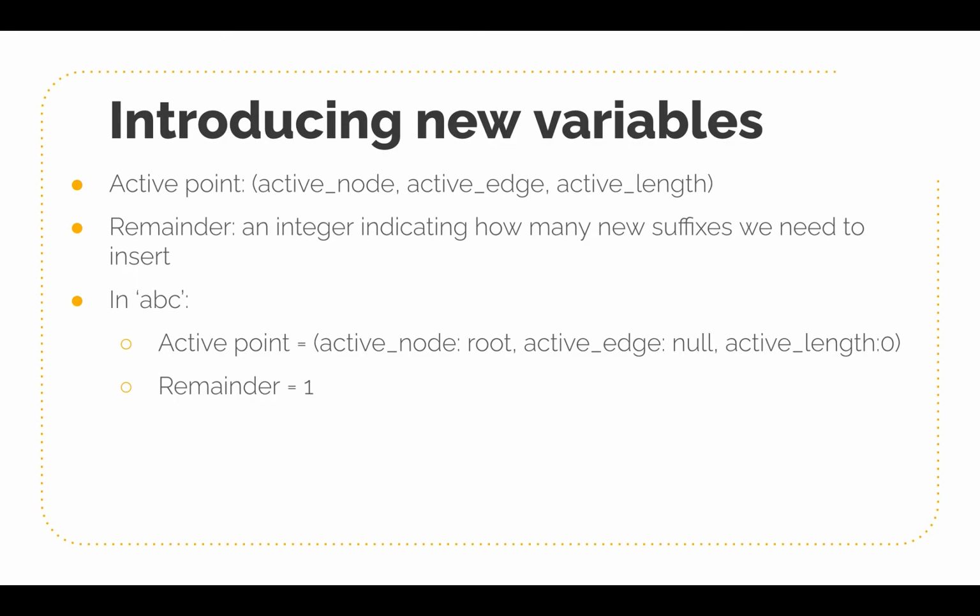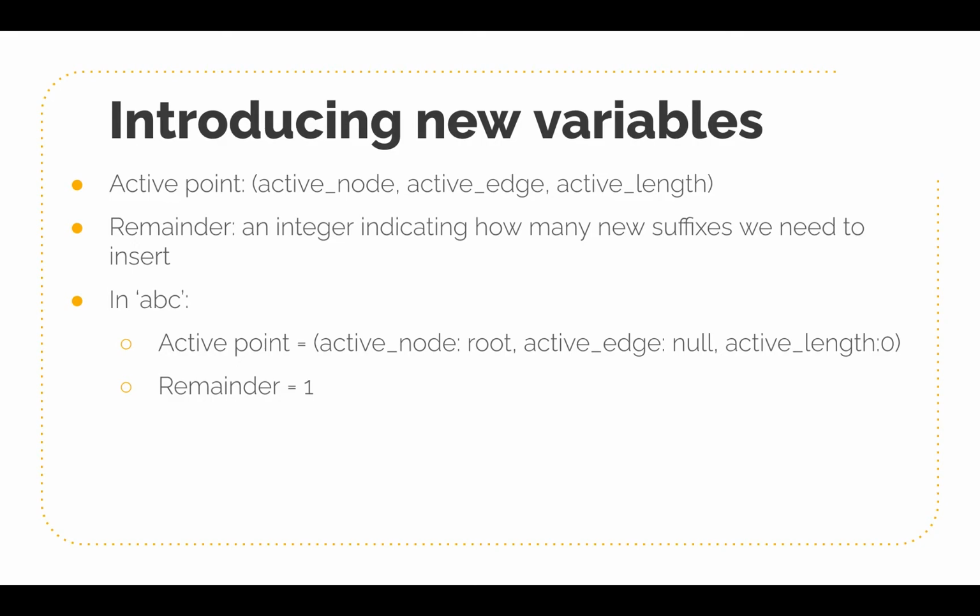The exact meaning of these two will become clear soon, but for now we'll just say, in the simple ABC example, the active point was always root, null, and 0. In other words, the active node was the root node, the active edge was specified as the null character, and the active length was 0. The effect of this was that the one new edge that we inserted in every step was inserted at the root node as a freshly created edge.